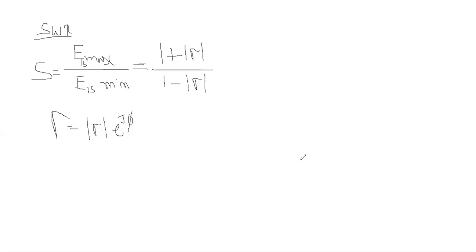Consider E1S, not E1. E1S is equal to E1 e power minus j beta 1 z plus the reflection coefficient times E1 e power plus j beta 1 z.